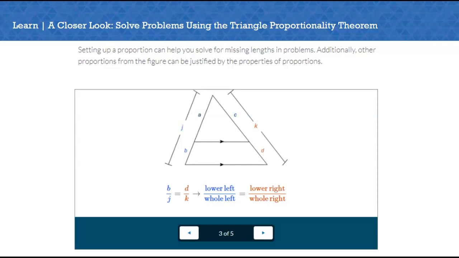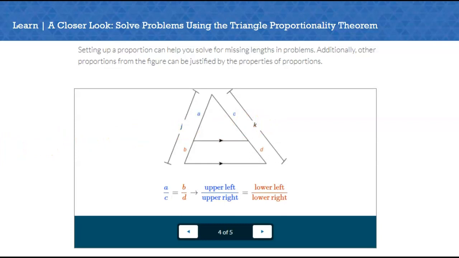Notice that we can also divide B by J and D by K, meaning that we've added up B and A to get J, and we've added C and D to get K. The same would be true with AC and BD.